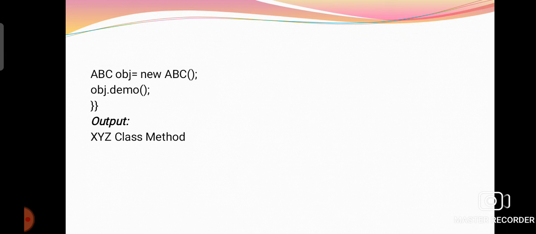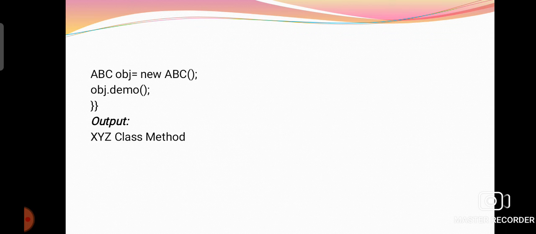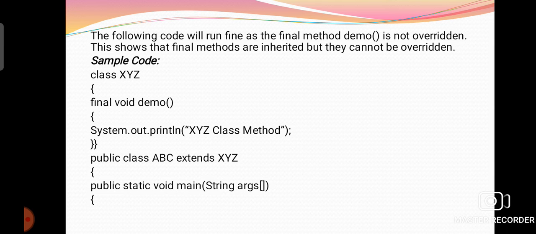But in the subclass we do not override the final demo method; we simply call the method with the help of the object. So the difference between the previous code and this code is that here we have not overridden the final method in the subclass. We will get the output XYZ class method, which was produced by the execution of the final demo method.